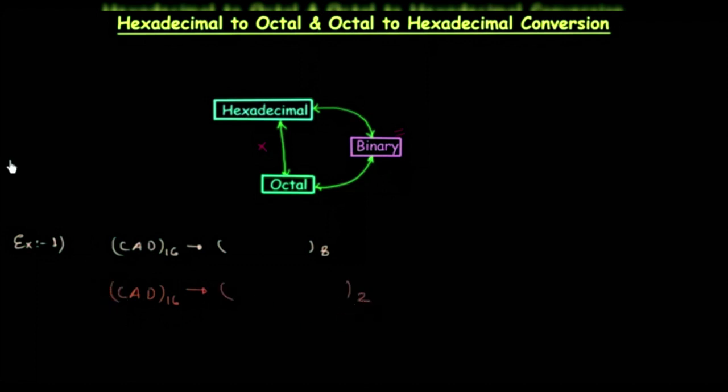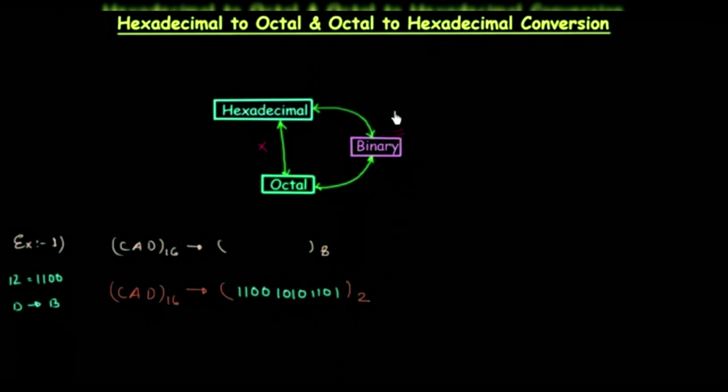C is nothing but 12, and 12 is represented by 1100, the 4-bit equivalent binary number, and A is 10, and 10 is represented by 1010. The next number is D, and D is 13, and 13 is represented by 1101. So this is the binary equivalent for CAD.